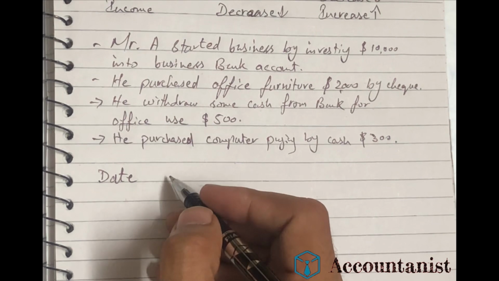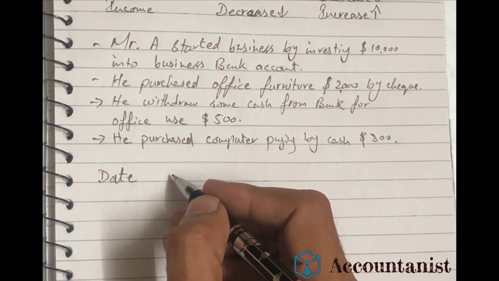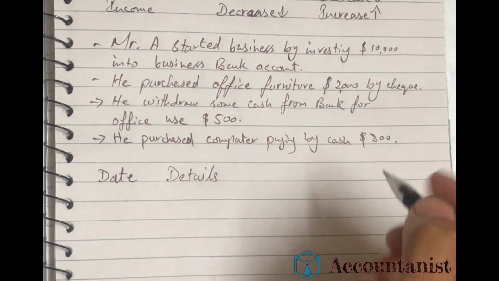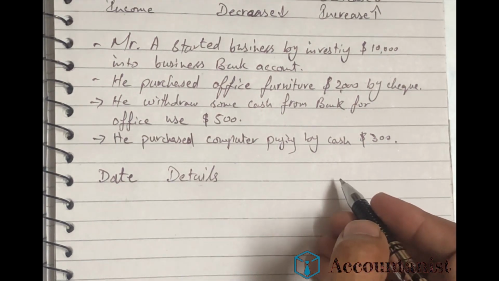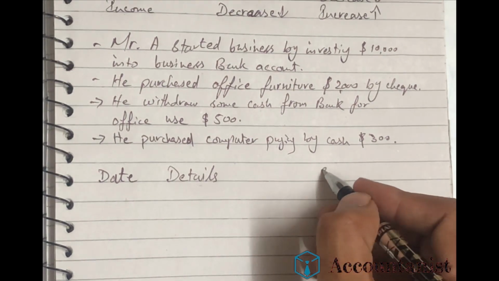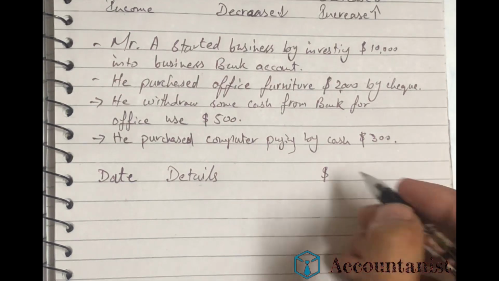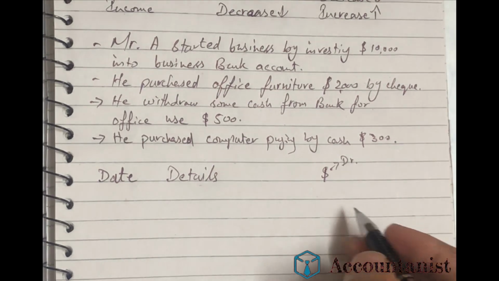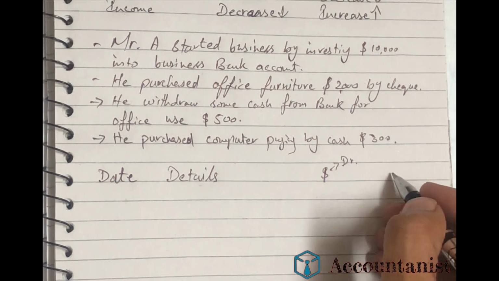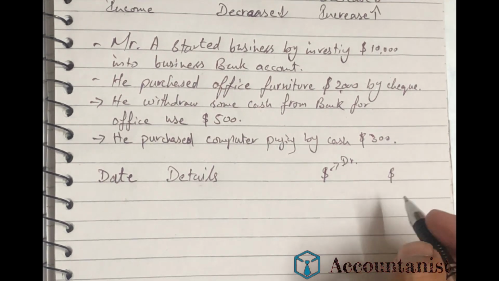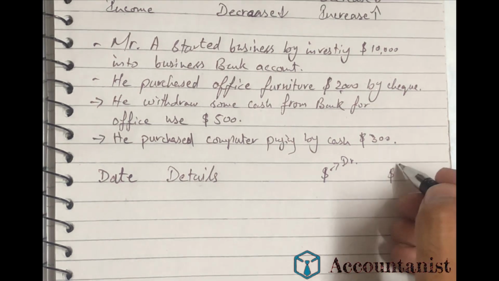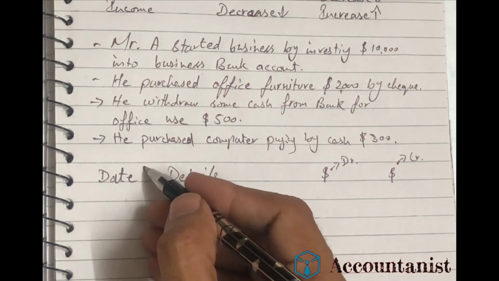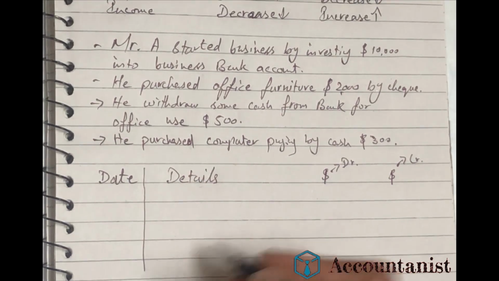The second column that we need to write down is details, and the third column is for the amount that we will record as debit, and the last column, the fourth one, is to record the amount of credit. So these are the four columns that we need.